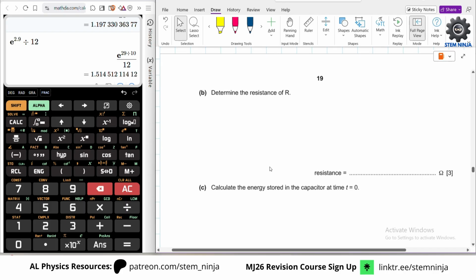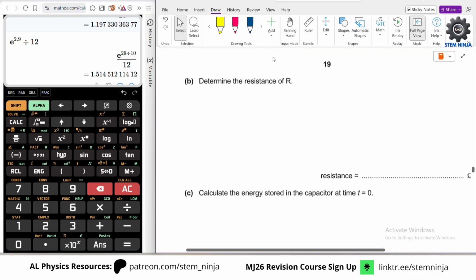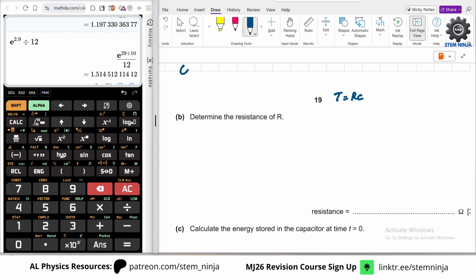Determine the resistance R. We will get R from the time constant RC, and for that we need the gradient, because Q is equal to Q naught e raised to the power minus t over tau, where tau is the time constant.